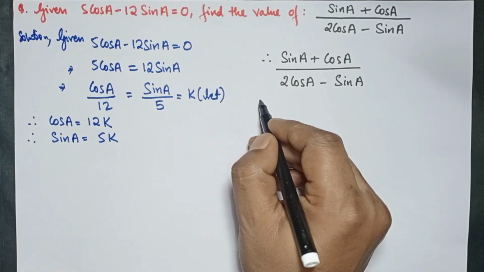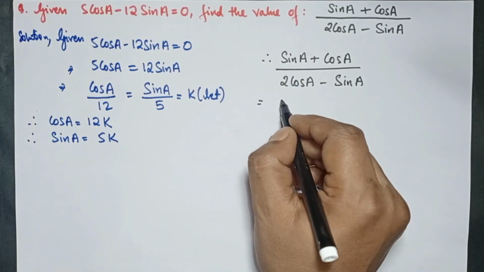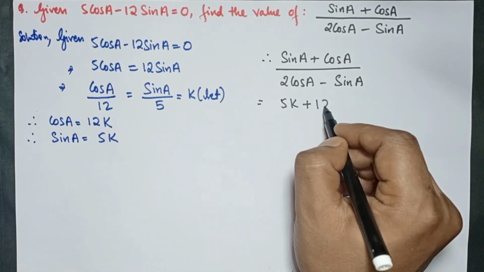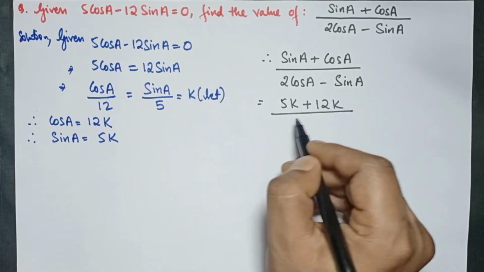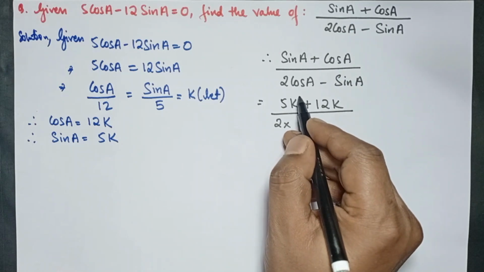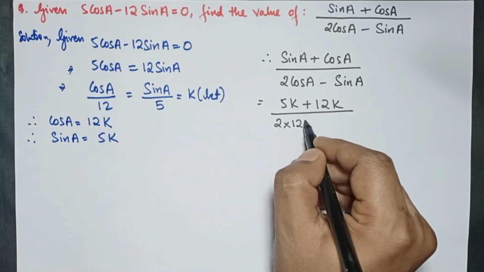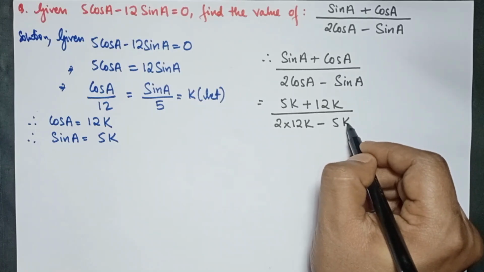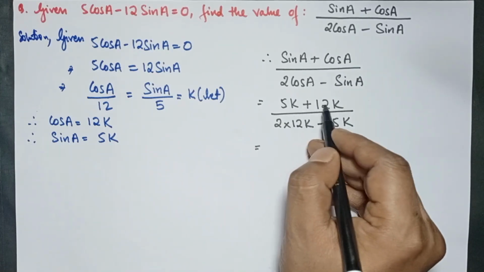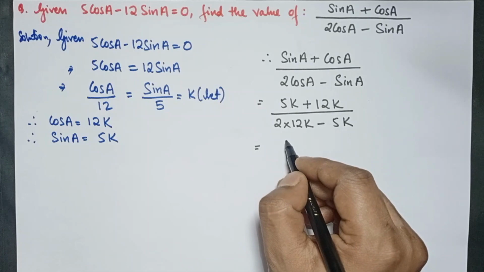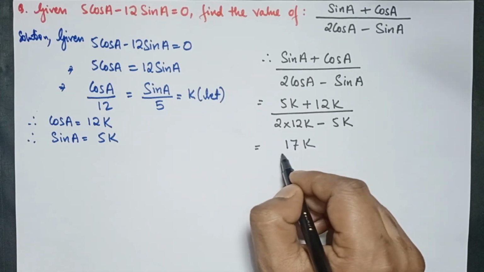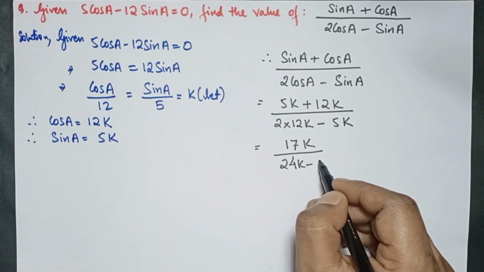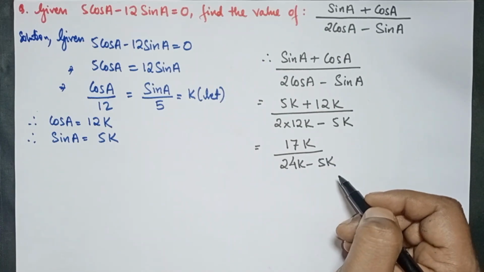Now we'll just put the values. What is the value of sin a? 5k, plus cos a value is 12k, divided by 2 into cos a. What is the value of cos a? 12k, minus sin a value is 5k. So you can see 5k plus 12k, 5 plus 12 is 17k. 2 12s are 24k minus 5k.